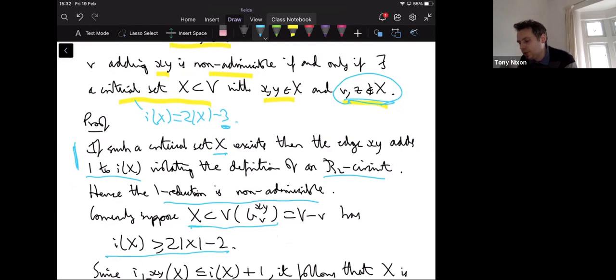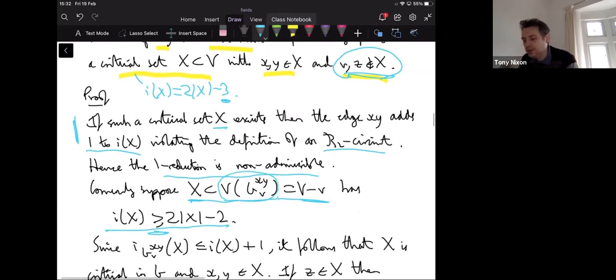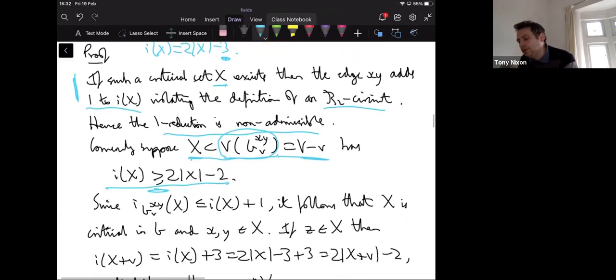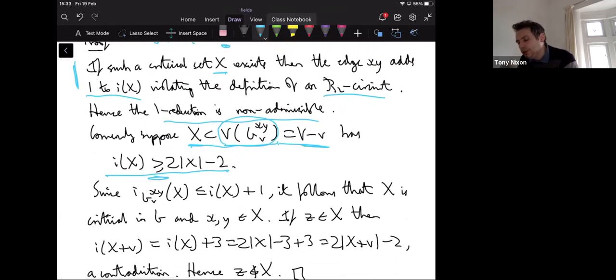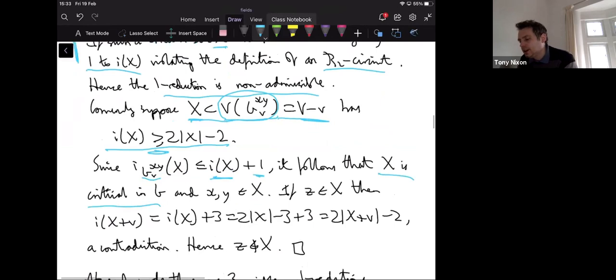So there must be some subset which has too many edges in it, which lives in the vertex set of the smaller graph, which is actually equal to the vertex set of G minus V. If we look in this smaller graph, then the number of edges is at most what they are in the big graph plus 1, because we only add one edge. So it follows that X must have been critical in the big graph, because in the big graph it must satisfy the sparsity conditions, and it must fail them here. It can only go up by 1, so it must have been critical.